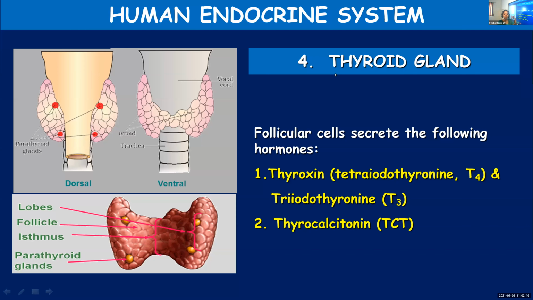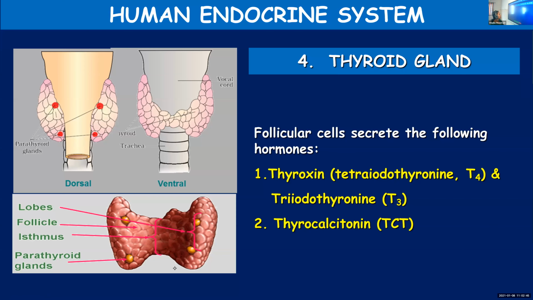The presence of iodine is very essential for the thyroid gland to secrete the hormones. That is why deficiency of iodine affects the production of hormones by the thyroid gland. So, totally 3 hormones are there: thyroxine, that is tetraiodothyronine, indicated as T4, triiodothyronine or T3, and thyrocalcitonin.